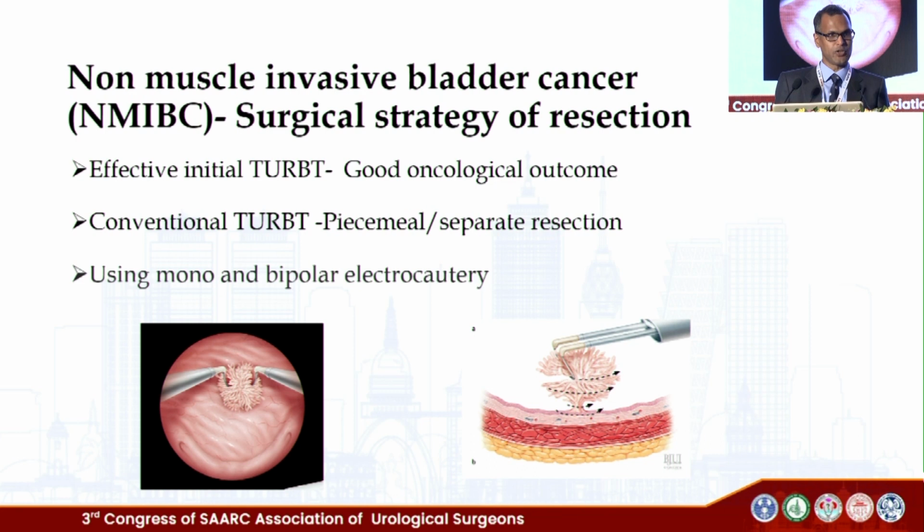The conventional TURBT involves piecemeal resection, or separate resection of the exophytic portion of the tumor and thereafter resection of the deep part and the adjacent areas, using monopolar and bipolar electrocautery.